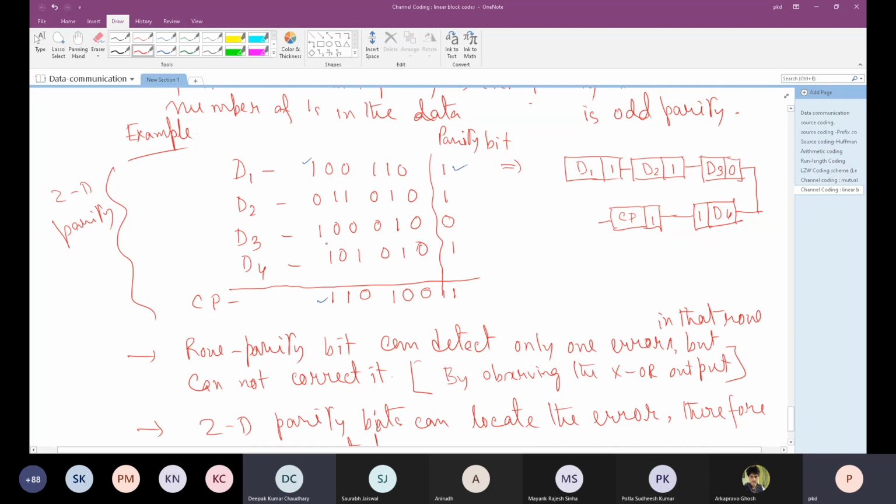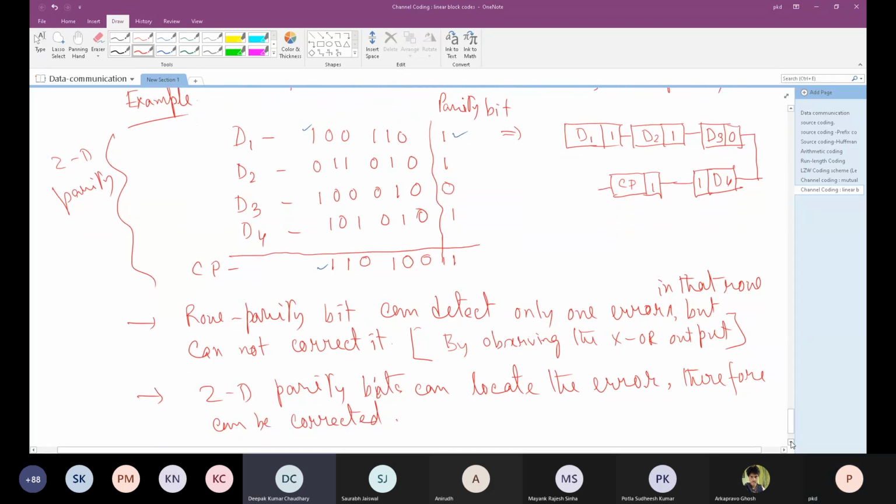But suppose I have an error here also and here also, then the same 2 bits will not pick up. So therefore, single bit errors can be picked up and also corrected by the 2D parity, but multiple bit errors cannot be corrected. So those are the disadvantages.